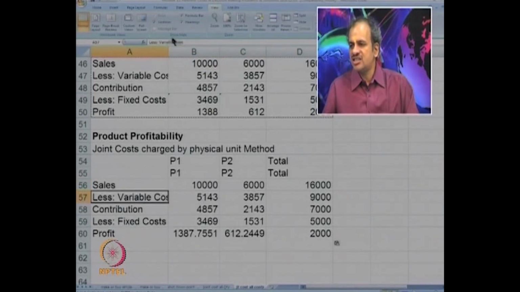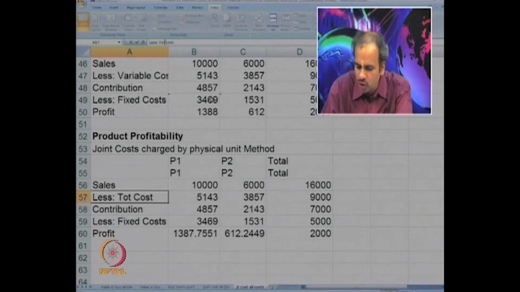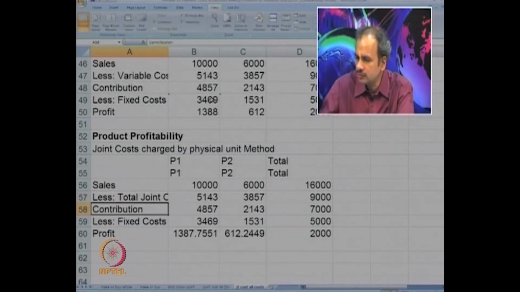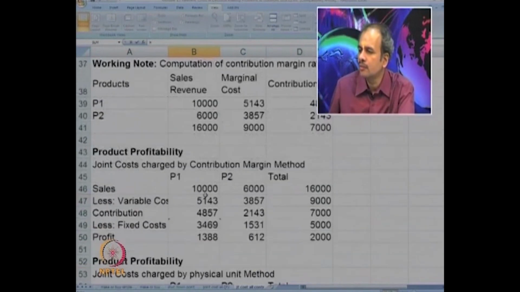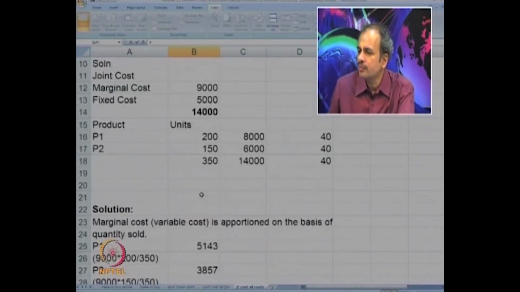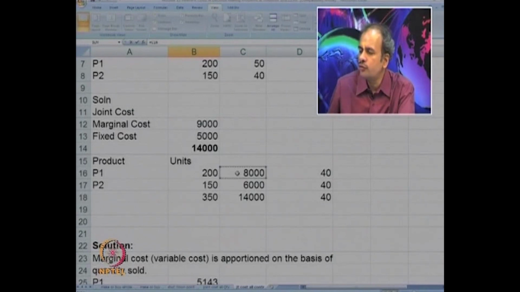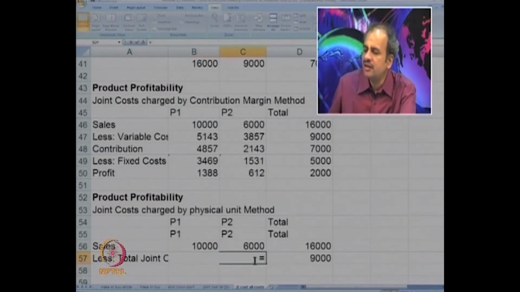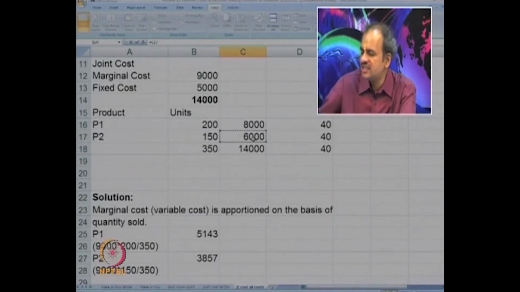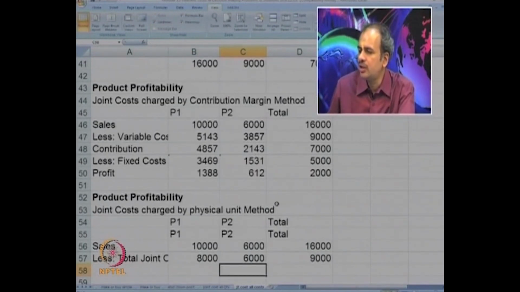We will charge the total joint cost, so for P1 it is in the ratio of 200 to 150. So for P1 we got 8,000 and for P2 we got 6,000. The total being 14,000.